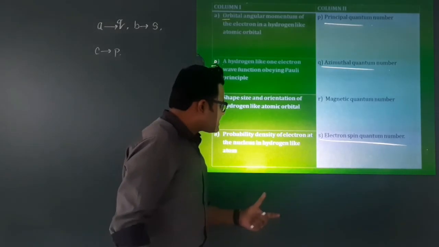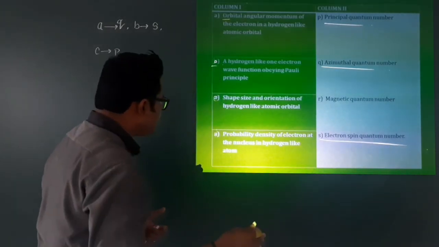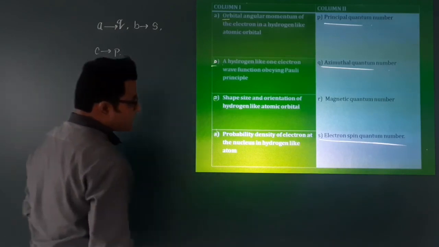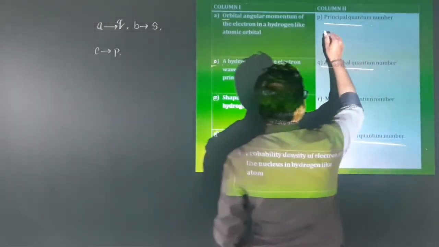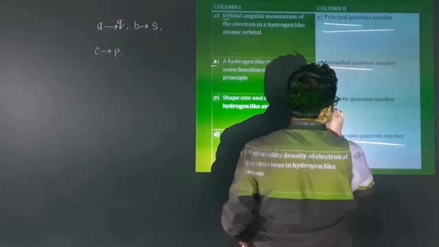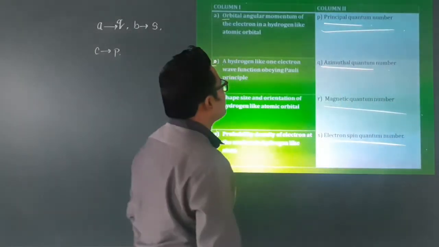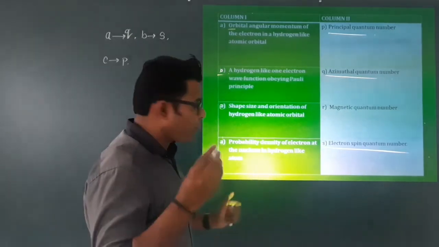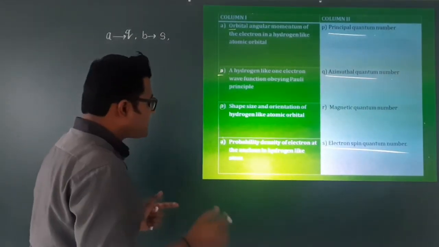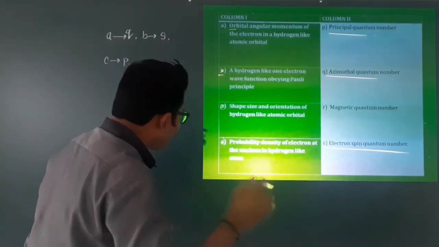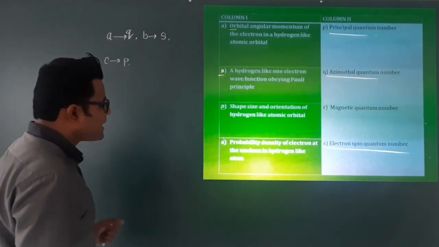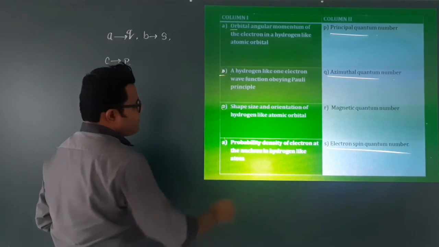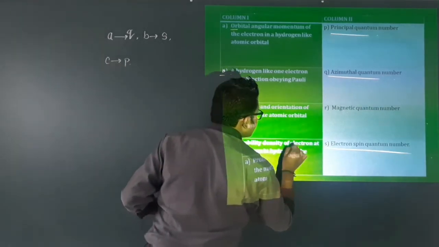D, probability density of electron at the nucleus in a hydrogen-like atom. In this case there are two options, 1 and 2.